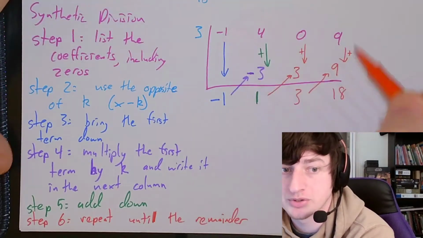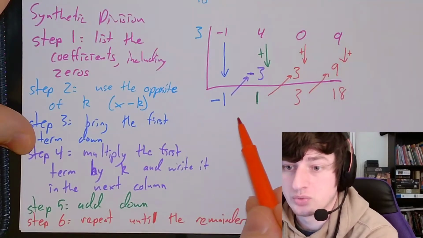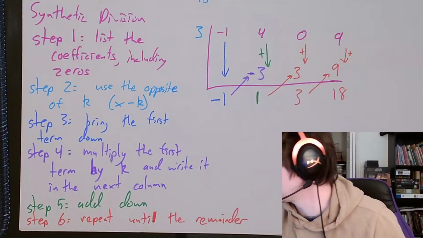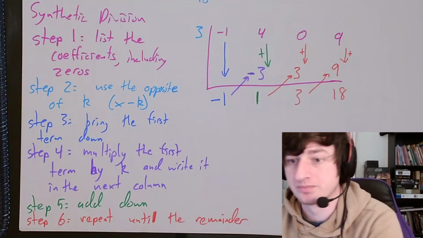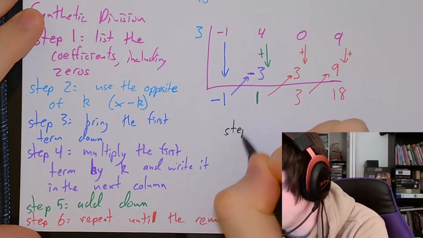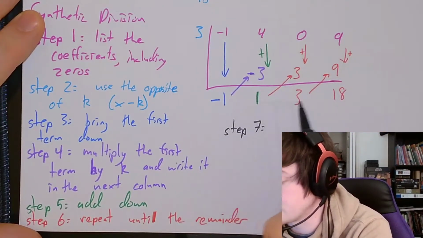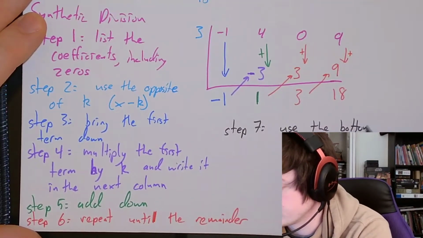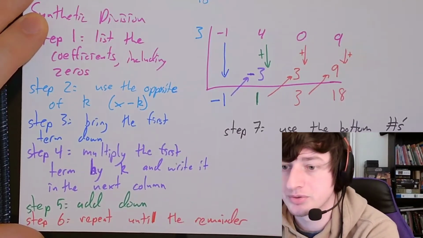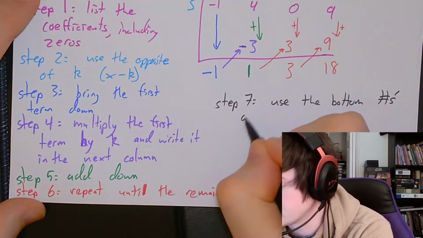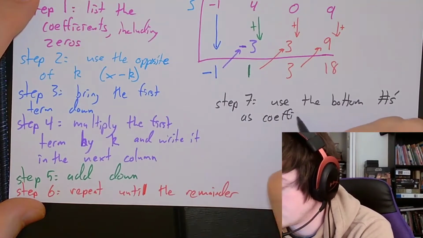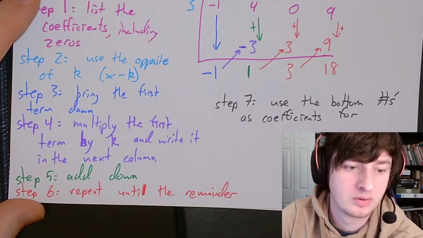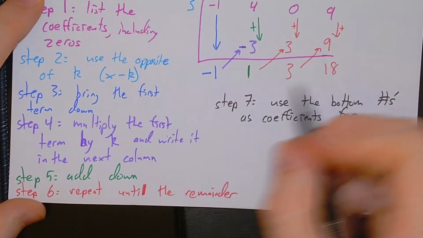Now this is just a bunch of numbers, and so we need to rewrite this as our answer. So step 7 is use the new coefficients, these numbers, use the bottom numbers, as coefficients for the answer.